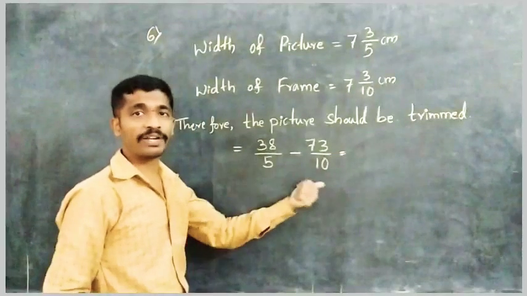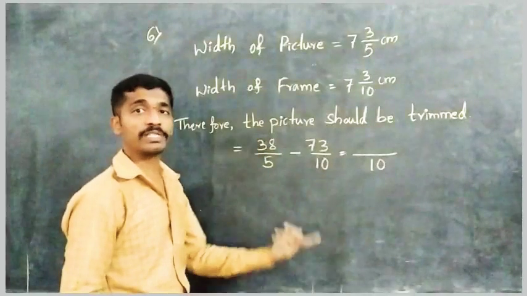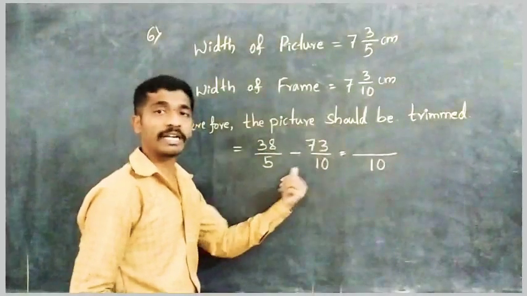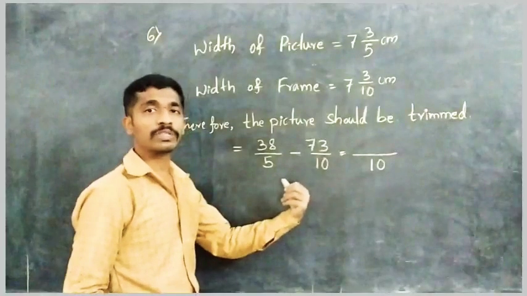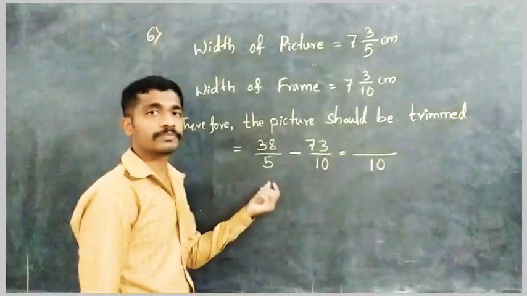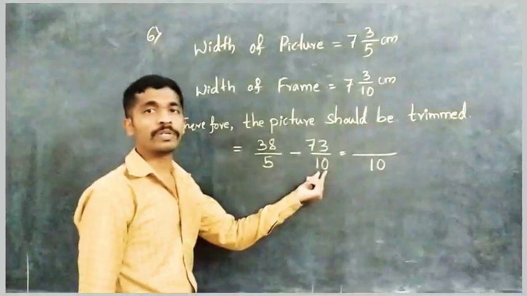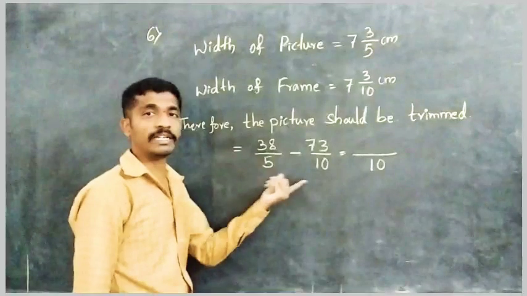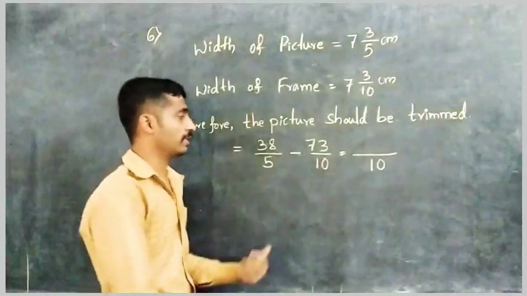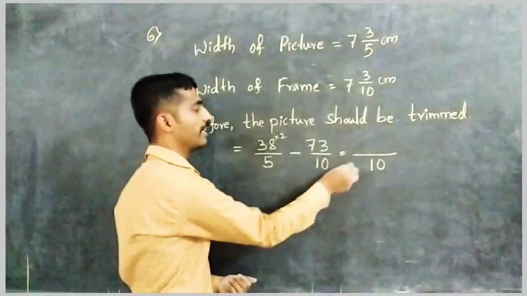Okay, here 5, here 10. So what is the LCM of 5 and 10? That is 10, because 5 2s are 10 and 10 1s are 10. So you will get the same number in both tables. So 5 how much are 10? 5 2s are 10.